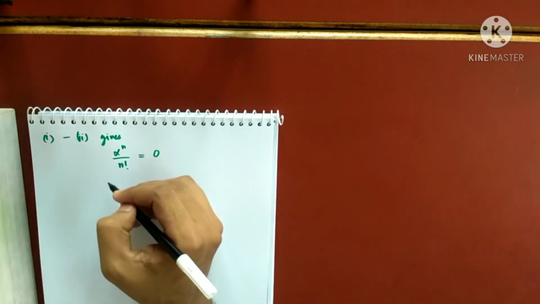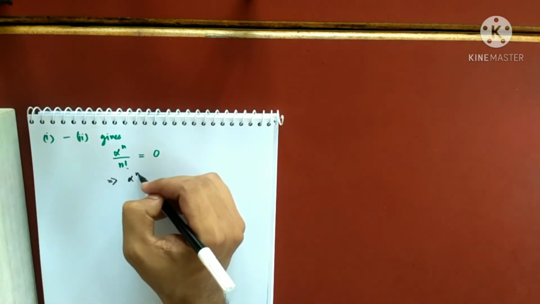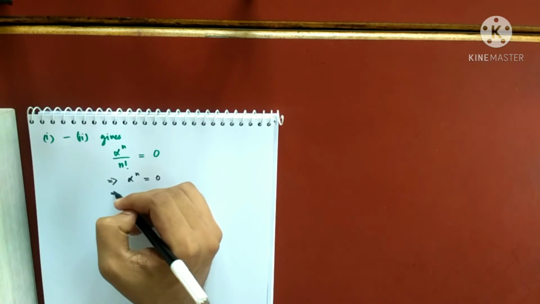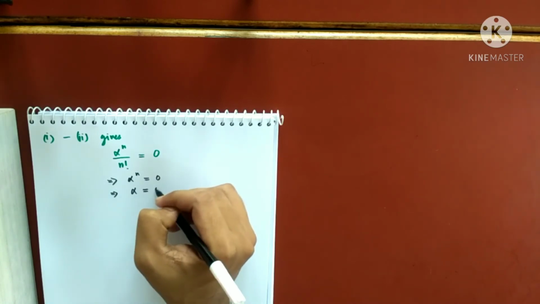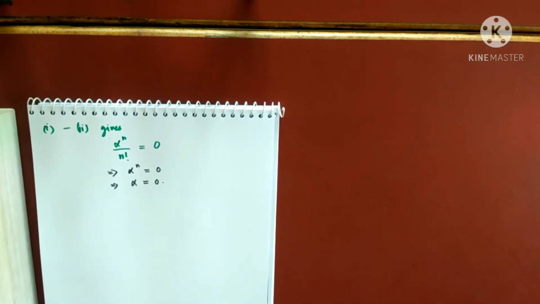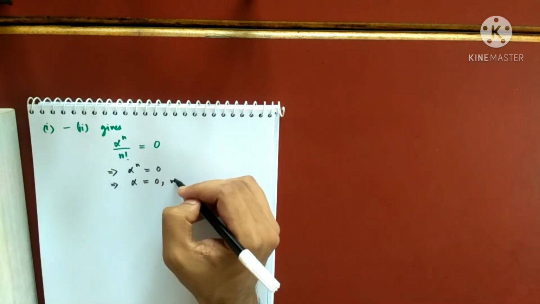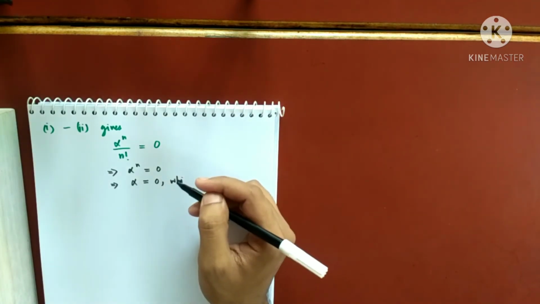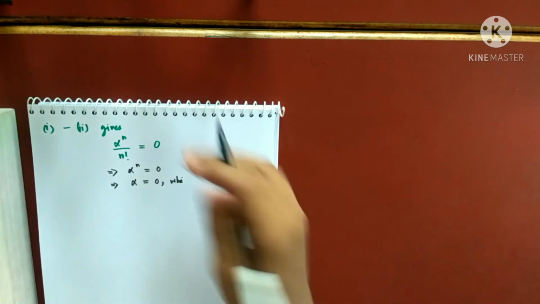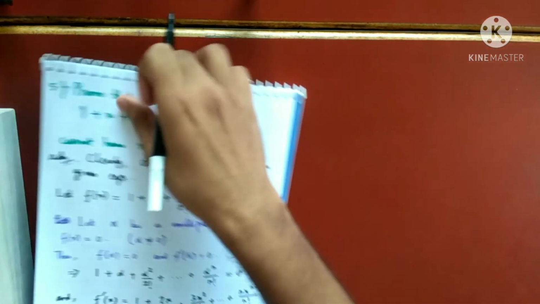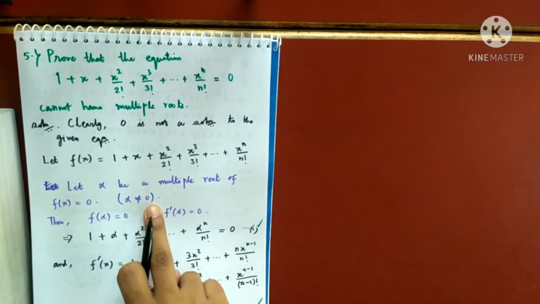Now you see, this means alpha to the power n equals 0, and this actually means alpha is nothing but 0, which is a contradiction, because I have clearly assumed that 0 is not a root, so alpha cannot be 0.